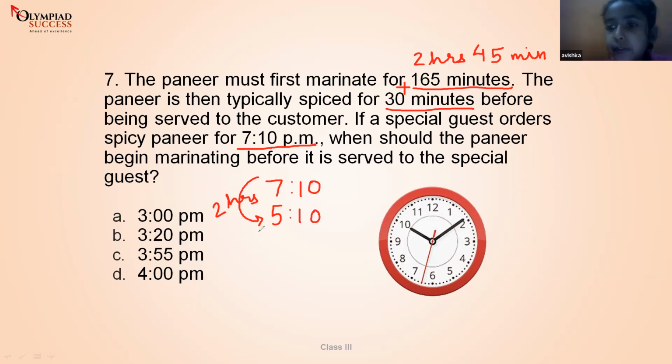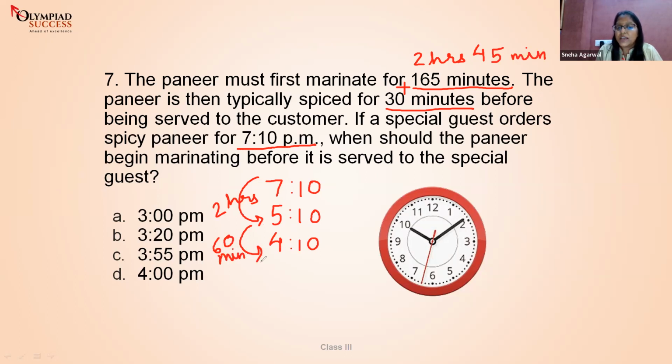Yes, here the timing would be 4:10, right? If you subtract 60 minutes, that means 1 hour, we get 4:10. And now you need to subtract 15 more minutes. What will be the timing? 3:55 p.m. Yes, exactly.